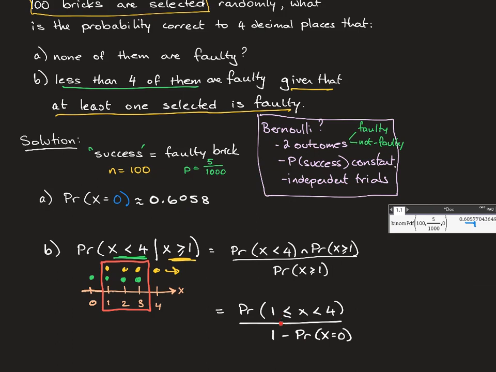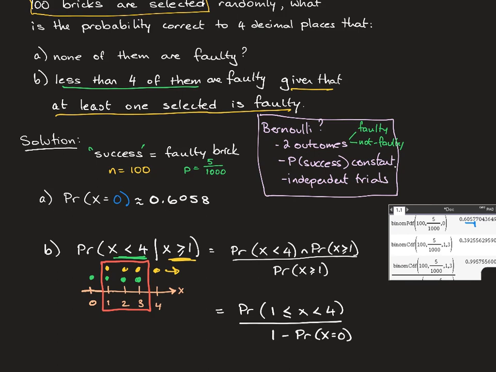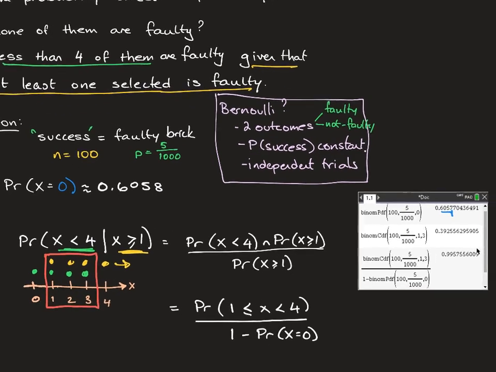So now I'm going to do this on my CAS. I'm going to find the probability of the top line, and the probability of the denominator is 1 minus the thing that I had before. Let me just zoom over this way so you can see.